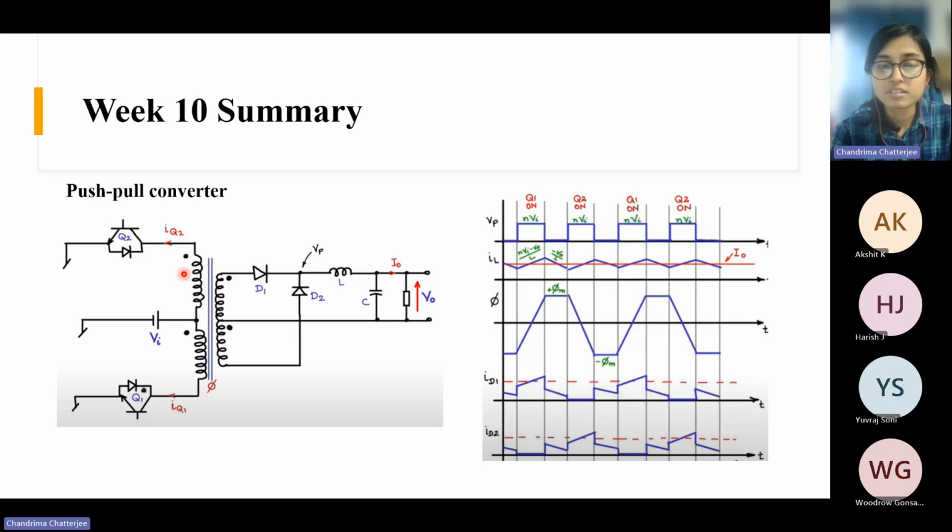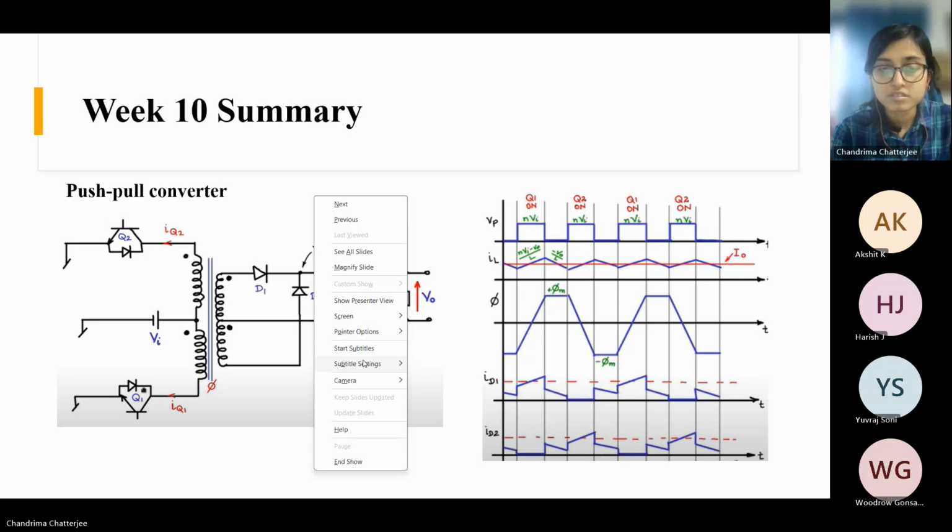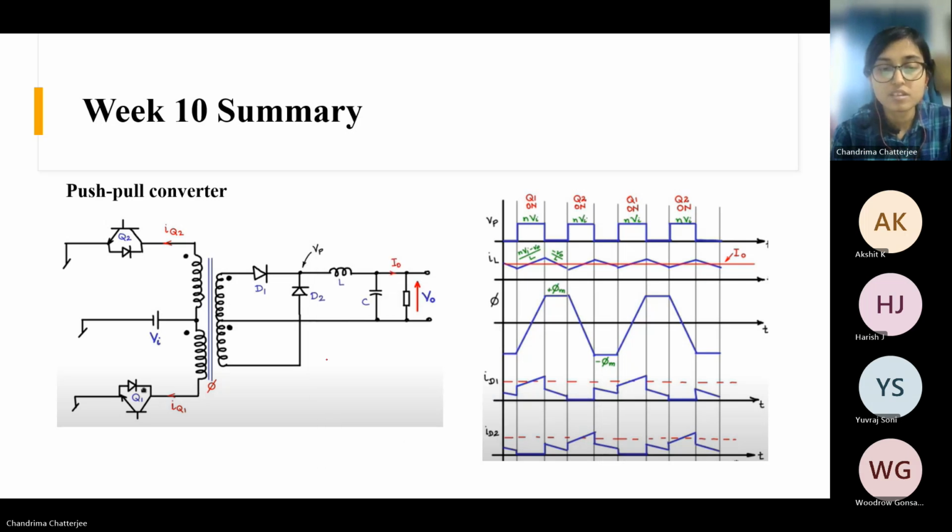So suppose for the first interval when Q1 is on, this is positive, this is negative, and this induced voltage is Vi. Then in this winding, if this winding is 1:1, here also the same voltage will get induced. So again you will get Vi here.